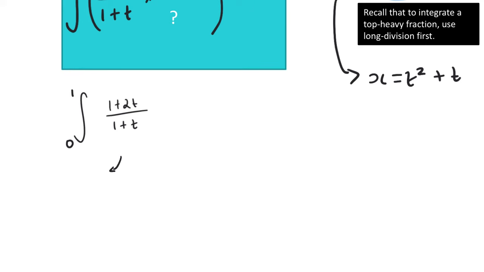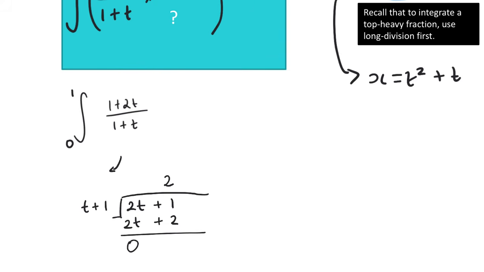Okay, so if we're dividing by 1 plus t, I'm going to change this to t plus 1, and we have 2t plus 1. 2t, t multiplied by what is 2t? 2. Then we're going to have 2t plus 2. So 2t minus 2t is going to be 0. 1 minus 2 is minus 1.